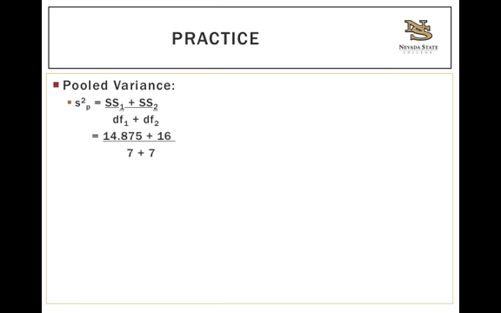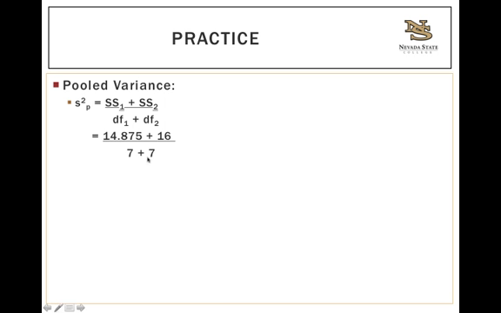All right, so let's use the numbers that we just came up with to get our pooled variance. Remember that the pooled variance looks just like this, very simple. We're just going to plug in our sum of squares for group 1, our sum of squares for group 2, and then the degrees of freedom for both groups. So we plug in 14.875 plus 16, which we got from our last slide.